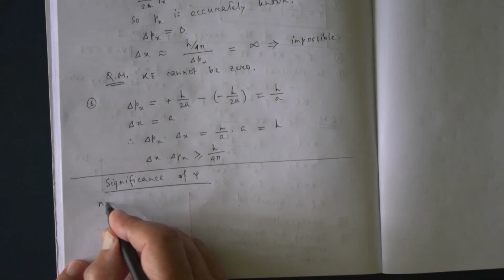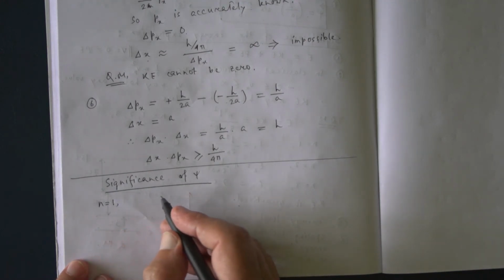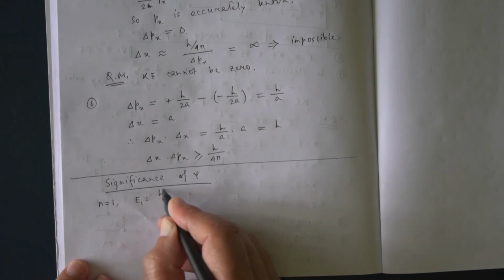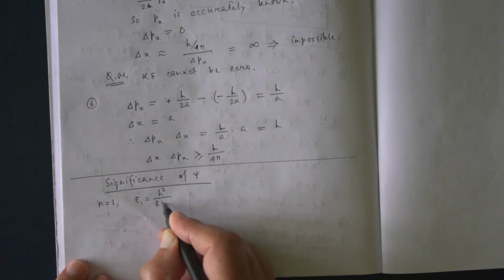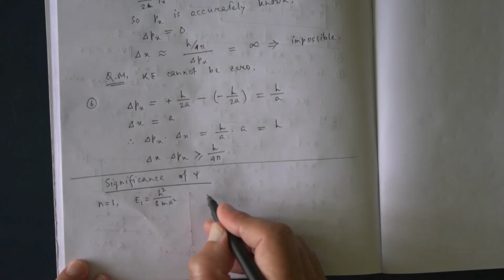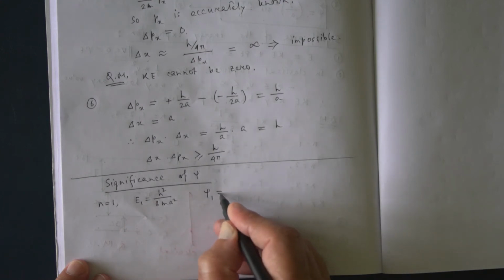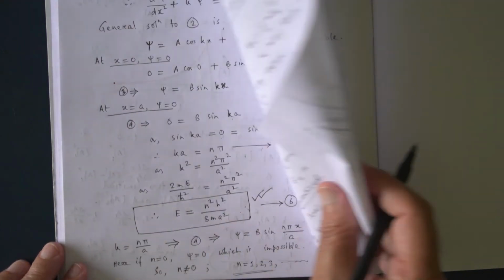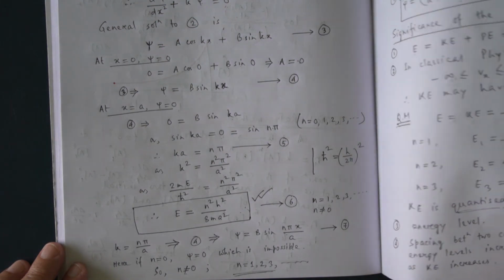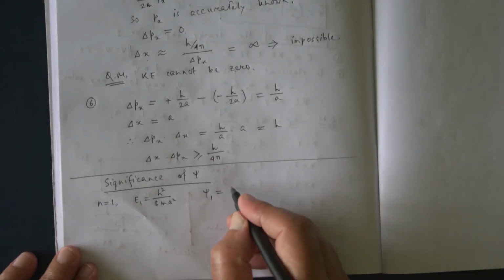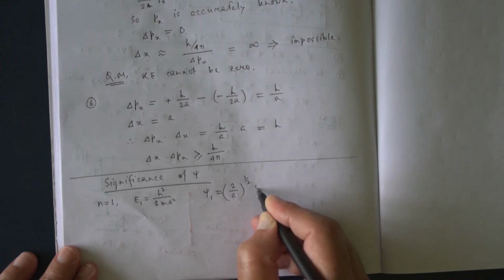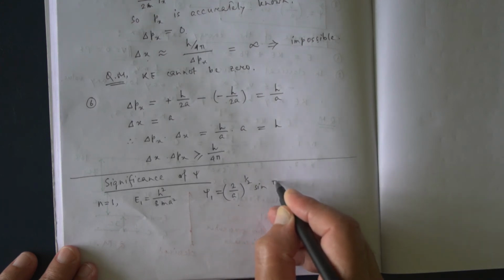Say n equal to 1, we have seen the energy is E1 equals h squared by 8ma squared, and the corresponding wave function is psi 1 equals (2 by a) to the power half sin(pi x by a).